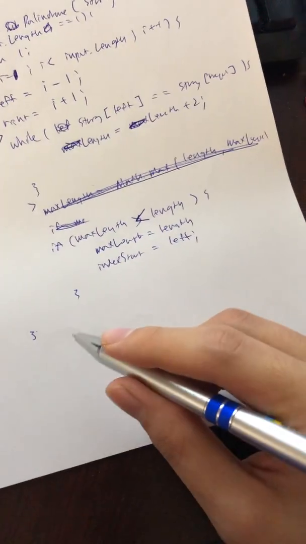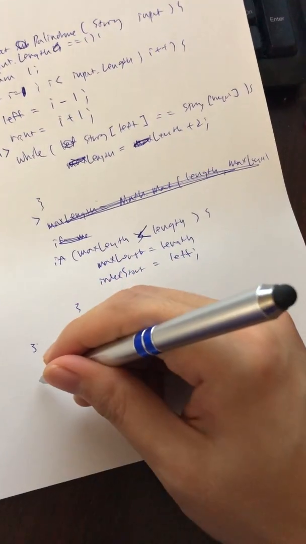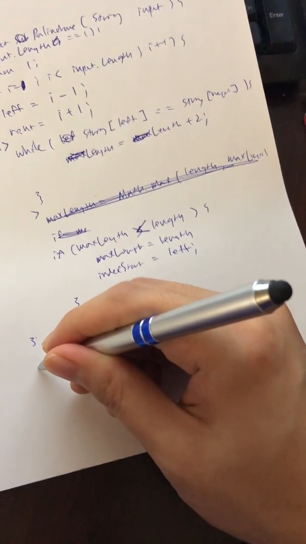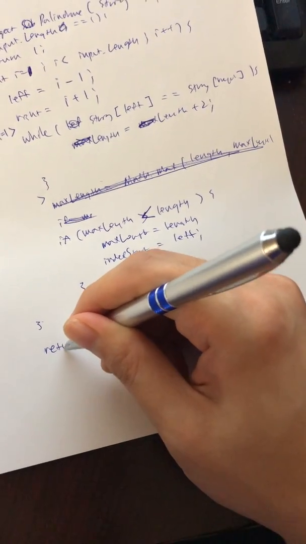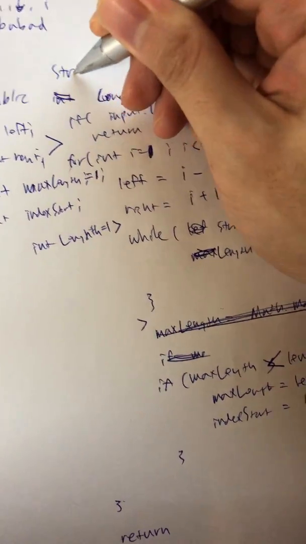So after the iteration, we have found our index. What I'm going to return is, okay, I should return a string, right?